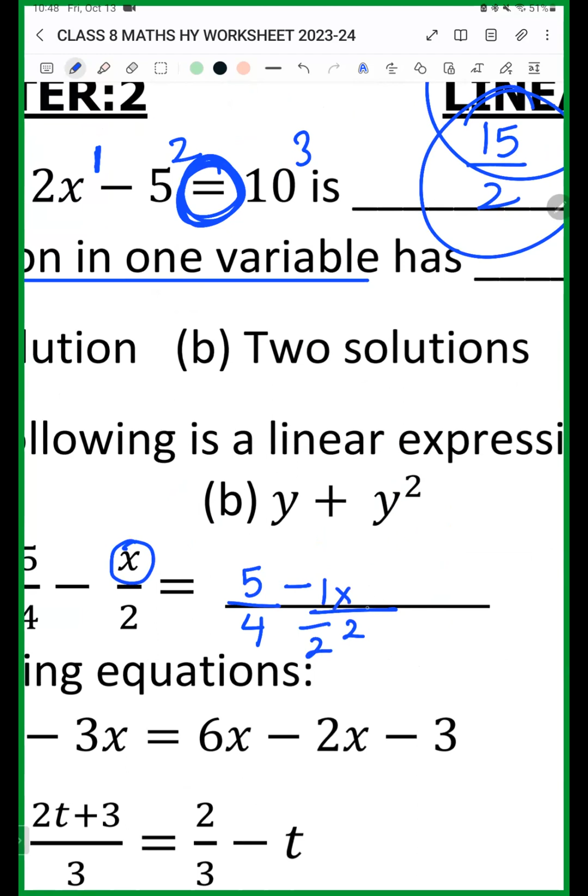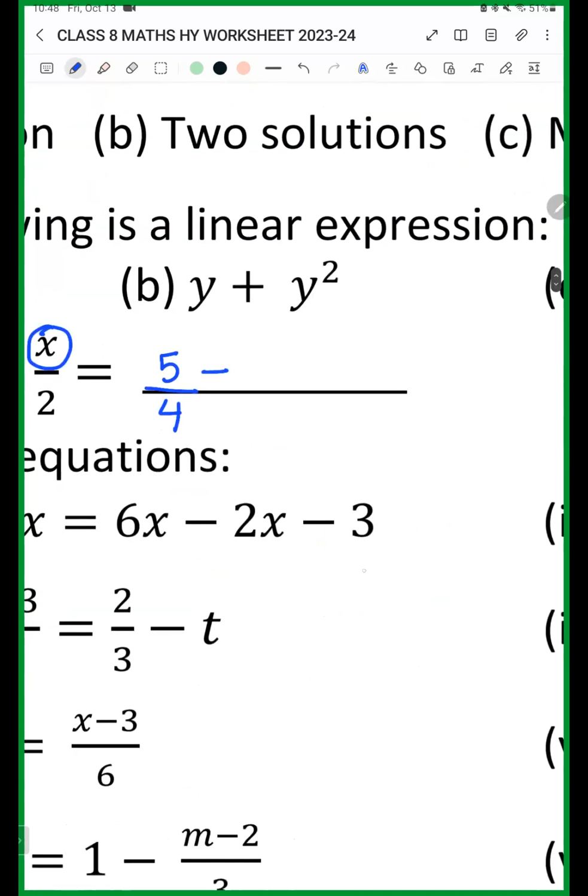And since there is nothing over here, you can just write 1. Let me give you another example. If it is something like 1 by 3 by 5, this is nothing but 1 by 3, and 5 is also denominator. So 1 by 3 into 1 by 5.